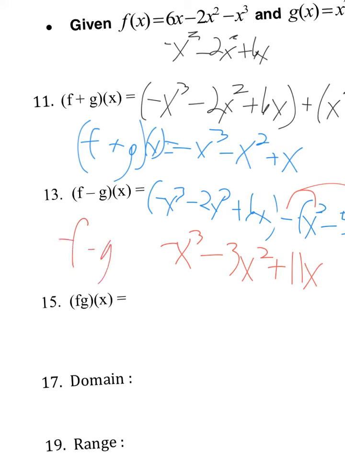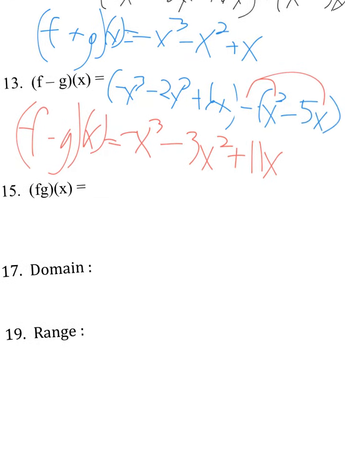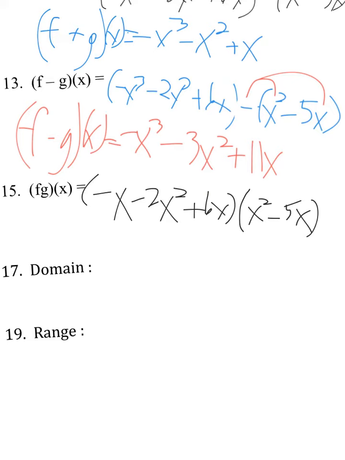Alright, so let's do the multiply one next. I have it set up, and you're just going to have to distribute. So you're going to have to do negative x to the third times x squared. Remember, you would add your exponents together. And then negative x to the third times a negative 5x will be positive 5x to the fourth.